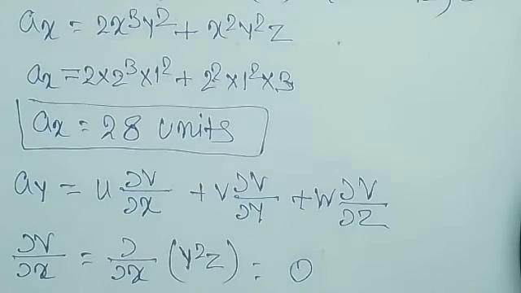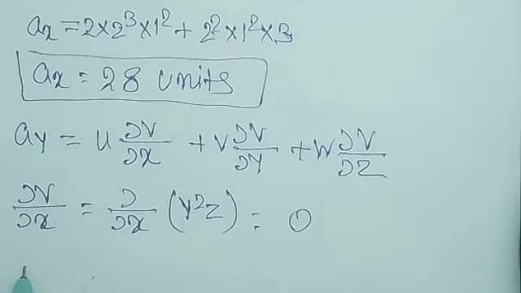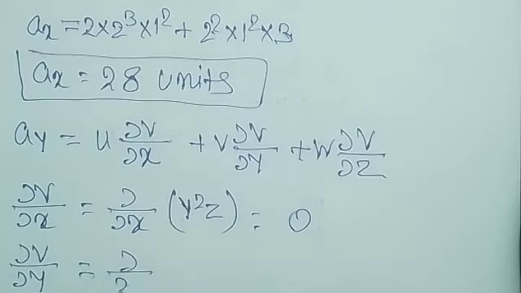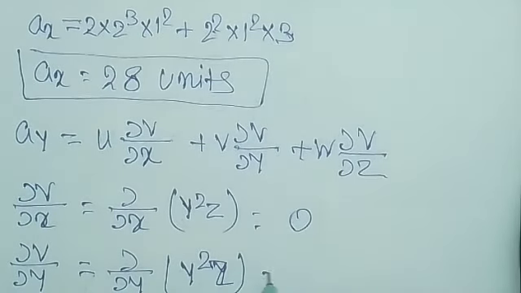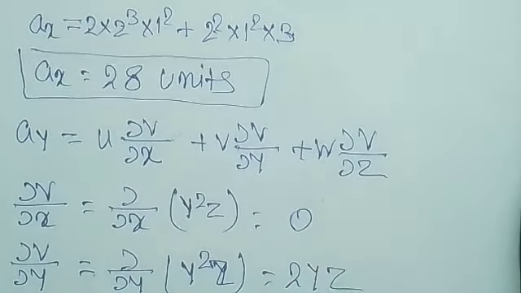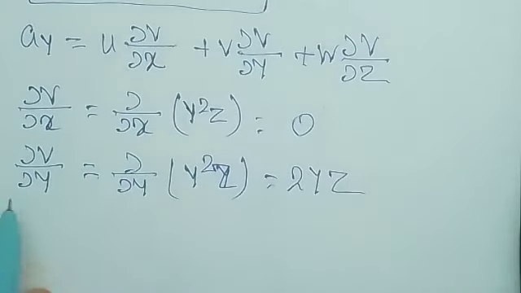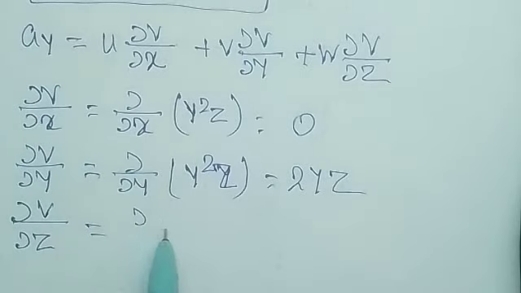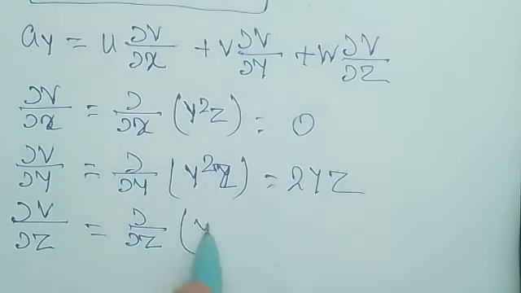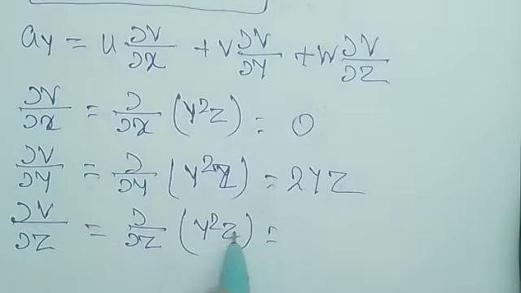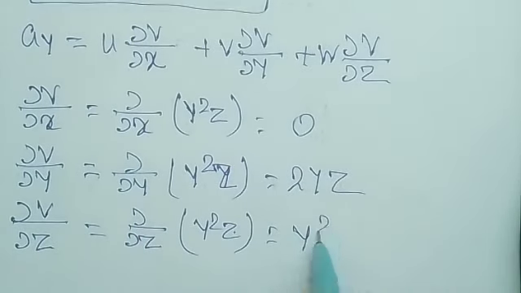Then ∂v/∂y is equal to ∂/∂y of y square z, so it is 2yz. Again, ∂v/∂z is equal to ∂/∂z of y square z, and the z differentiation is 1, so it is y square.